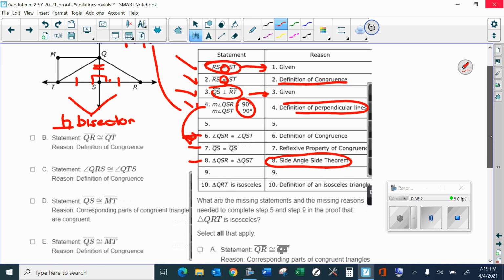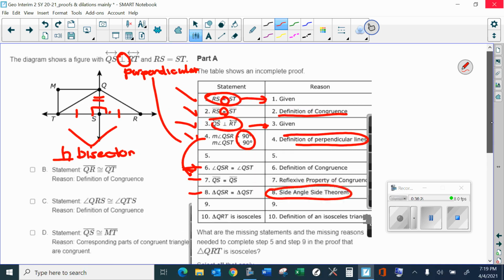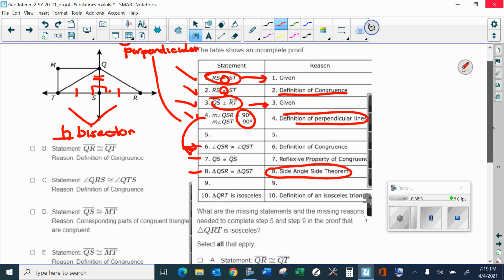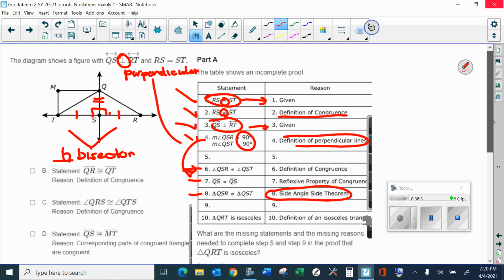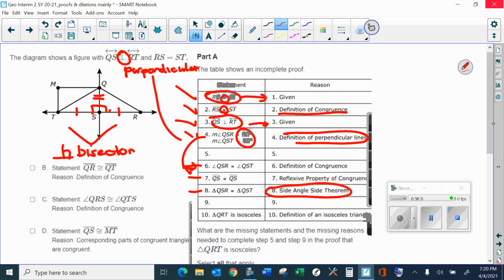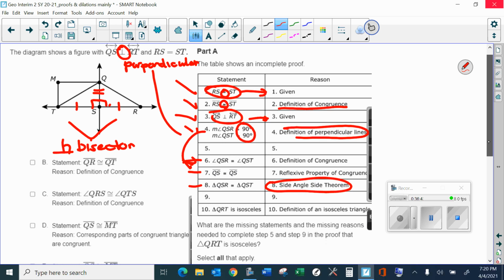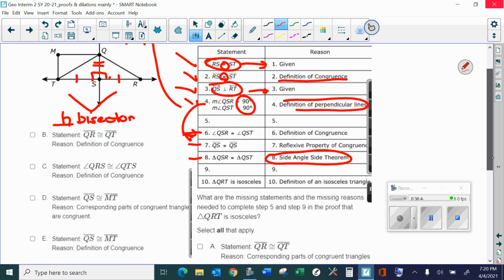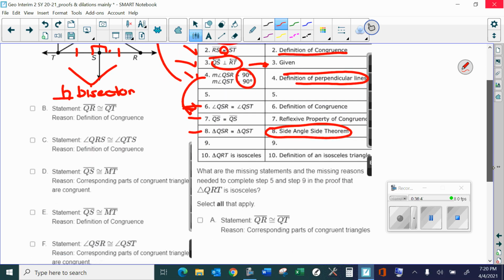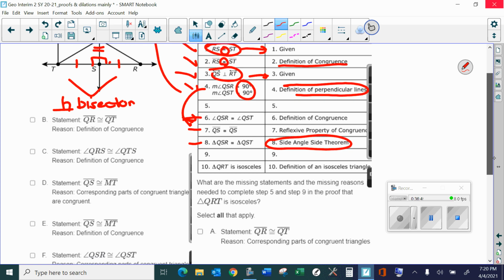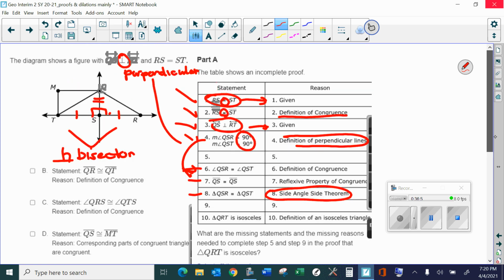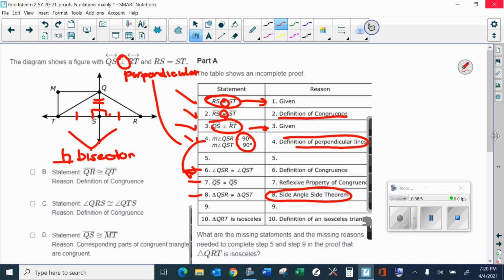So actually from that information, I can already prove those two triangles are congruent. I don't even need a step 5. I have enough information right there to prove these two smaller triangles are congruent. Okay, so let's see from their givens here what they want. We have the two segments are congruent.